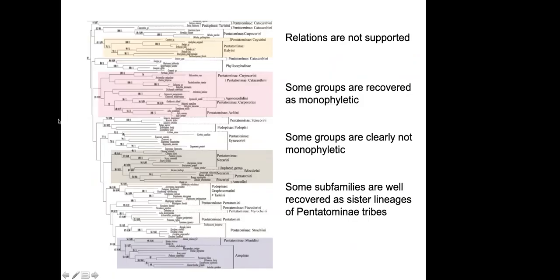However, the relationships of these groups are still not well supported. Therefore, some groups could be recovered as monophyletic. Some groups were clearly not monophyletic in the analysis. And then, as some curious cases, some of the subfamilies that are currently recognized were recovered as sister lineages of Pentatomidae tribes, which we will go into further in the presentation.